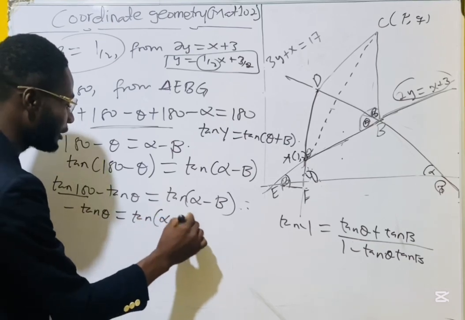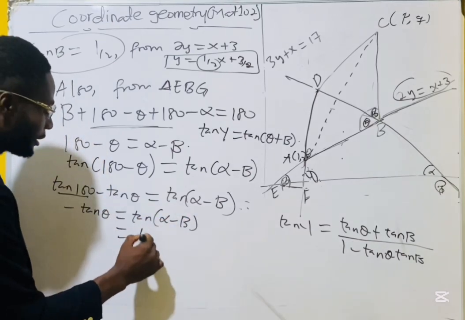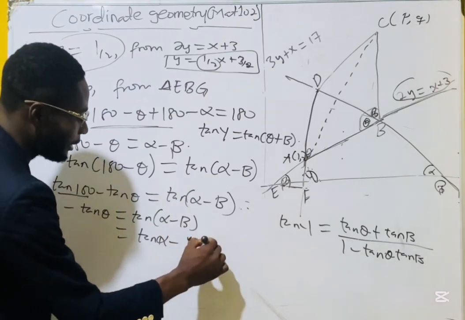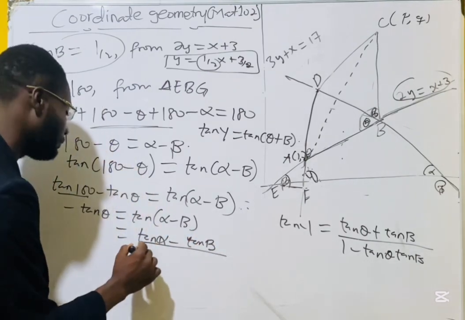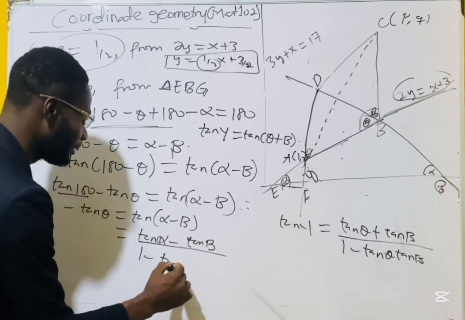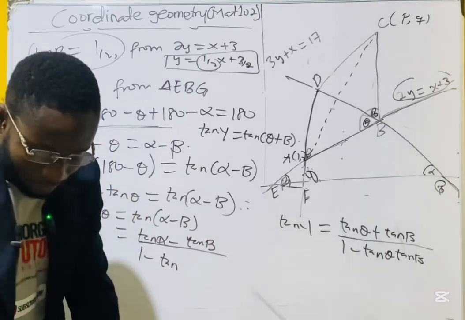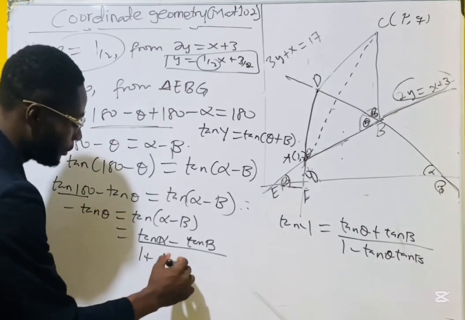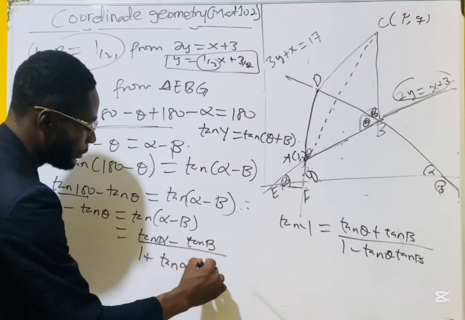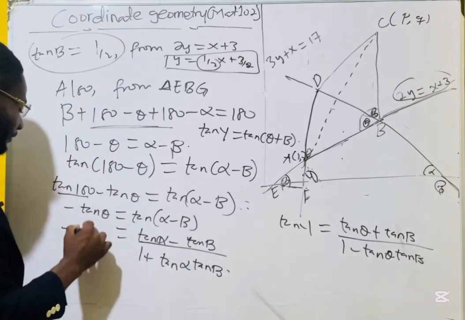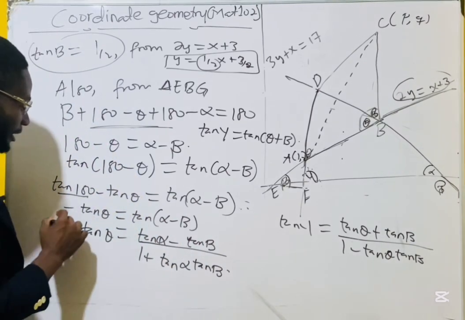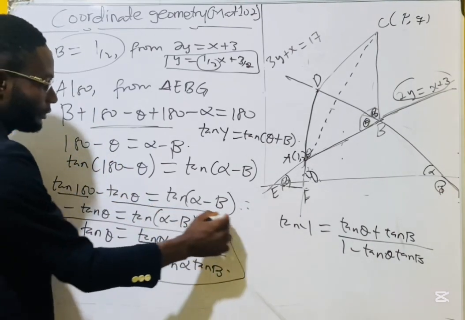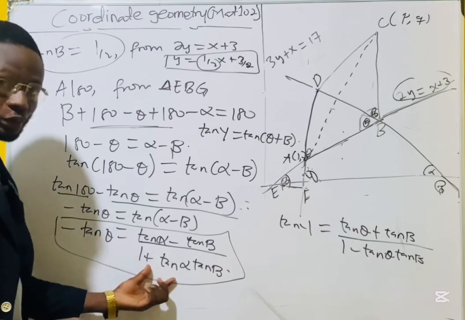And you know that this can be expanded to have tan alpha minus tan beta all over 1 minus, right? So we have minus tan theta, right? So this is what we have for this expansion. Okay, so we are going to use this very well.